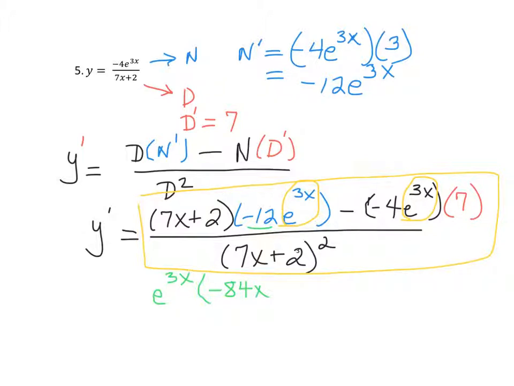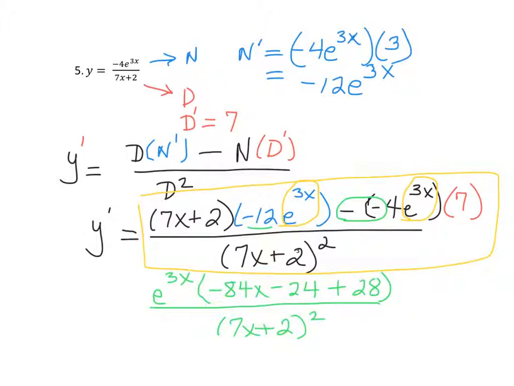Negative 12 times 2 is negative 24. And positive comes from the negative times the negative, so this will be positive. 4 times 7 is 28. And again, the e to the 3x is out front. And of course, that's all still divided by 7x plus 2 squared.